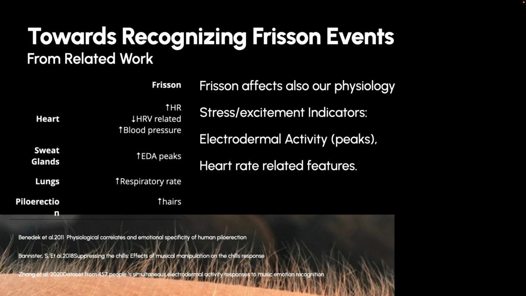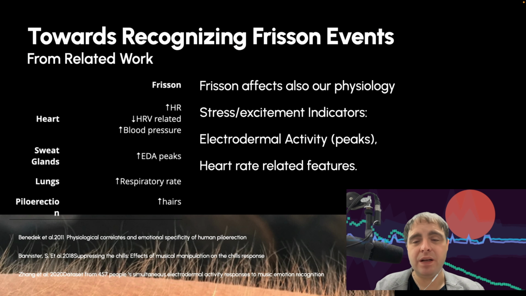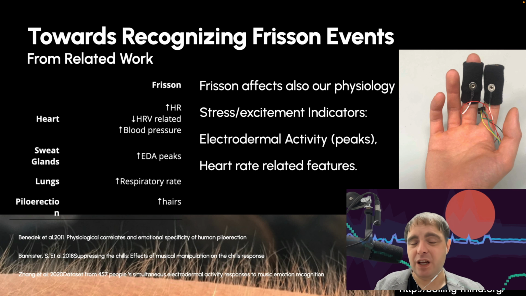And there are some other ways to detect it, so respiratory rate with the lungs, and also piloerection, the hairs on the arm, but that doesn't hold, not everybody gets goosebumps, so we moved away from that, and we used actually our initial setup for the first experiments.